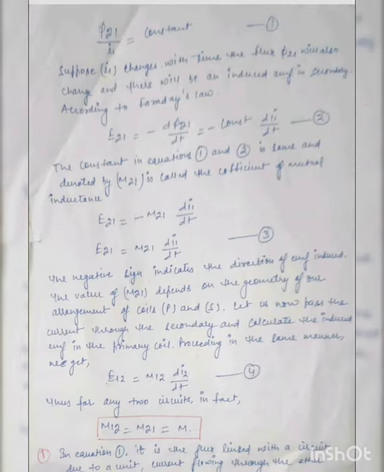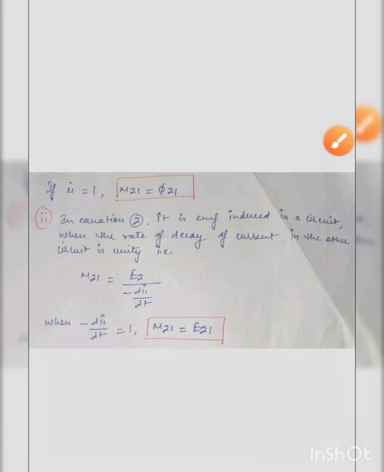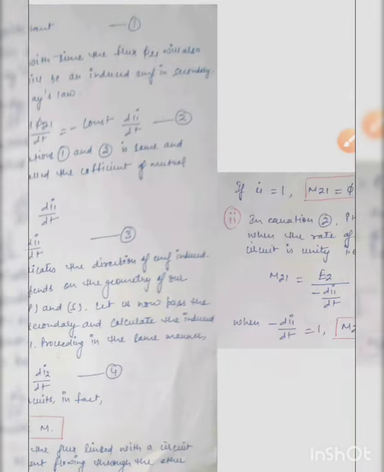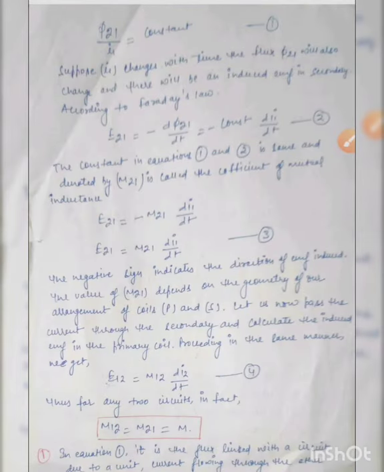In equation second, M21 equals E21 upon minus dI1 upon dt. It is the EMF induced in a circuit when the rate of decay of current in the other circuit is unity. When minus dI1 upon dt is equal to 1, then M21 equals E21.